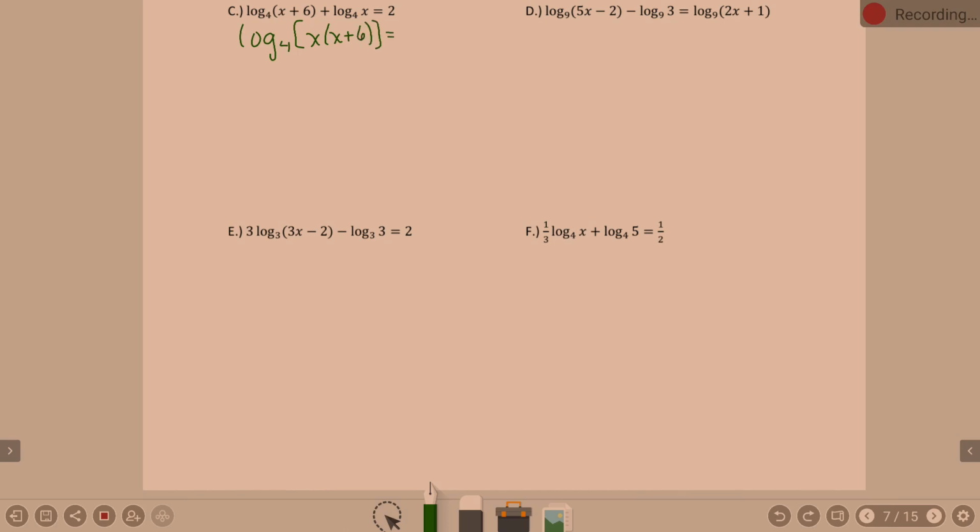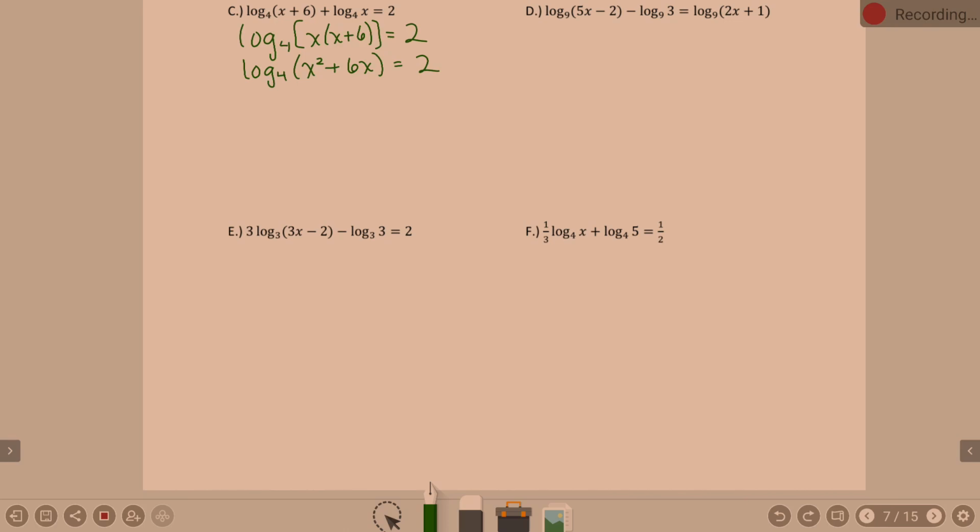Now, on the right, it just equals 2. There's no log there. You had already said x squared plus 6x, so let me rewrite that. Log base 4 of x squared plus 6x equals 2.